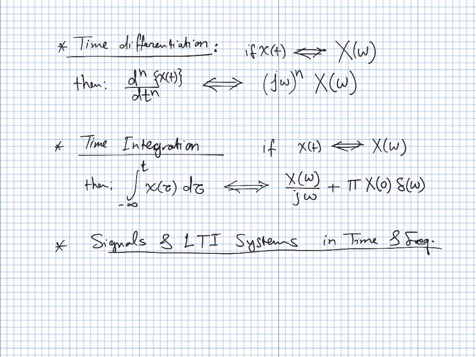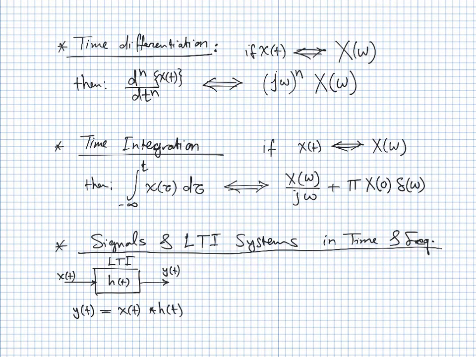We've learned before that if I have a system which is linear and time invariant, then I can represent this system by the impulse response, h of t, and I can use this with the convolution to calculate the output for any input. So I know that y of t in time domain is equal to the input to the system, x of t, convolved with the impulse response of the system.